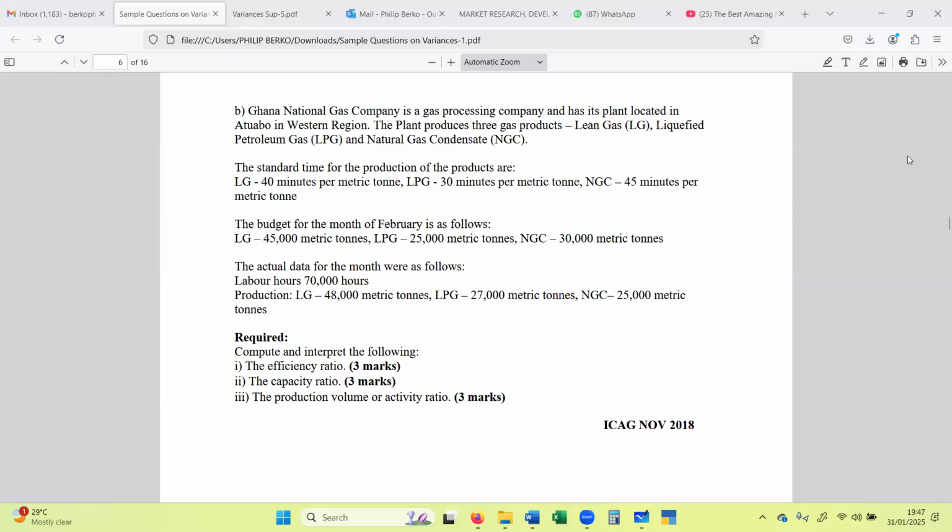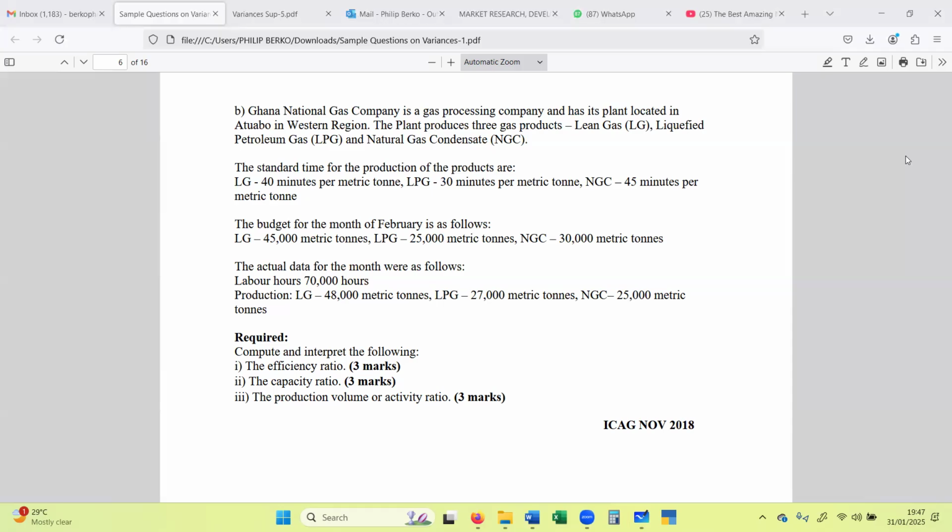The plant produces three gas products: lean gas, liquefied petroleum gas, and natural gas condensate. The standard time for production of the products are LG 40 minutes per metric ton, LPG 30 minutes per metric ton, NGC 45 minutes per metric ton.